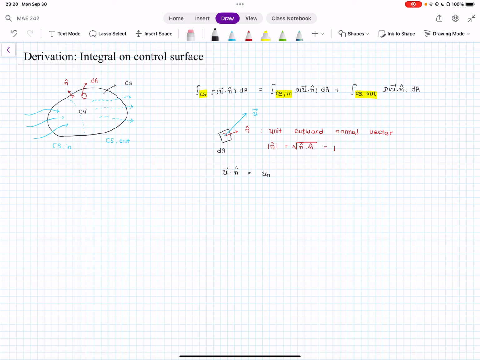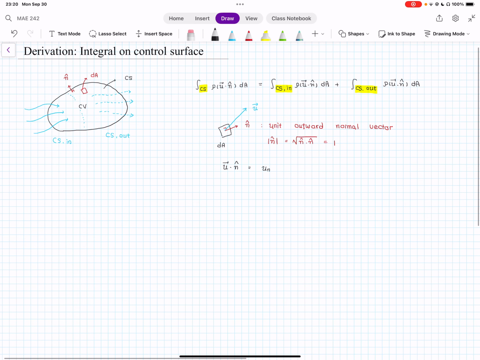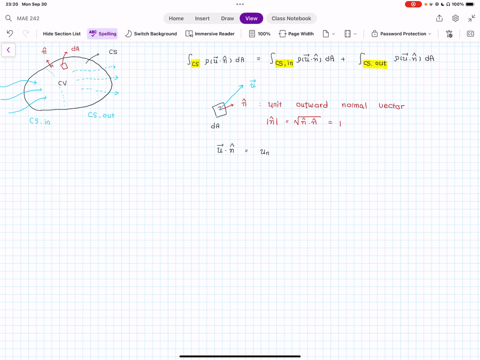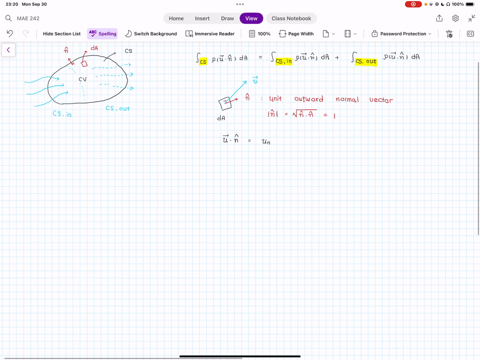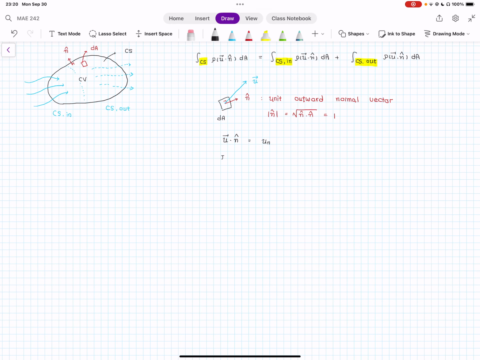So if the angle between vector u and n hat is less than 90 degrees, that is the case you see here on the screen.